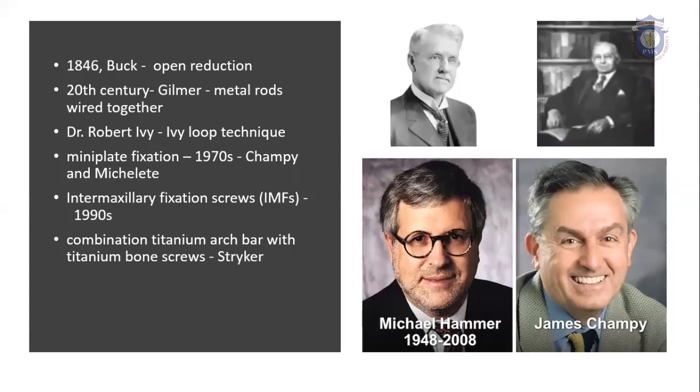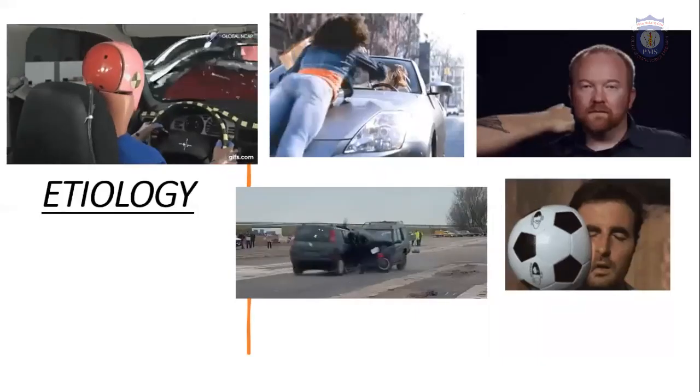The use of materials, starting from transosseous wires and fixation devices. Initially, they used metal rods to fix these mandibles, to hold the pieces together. Like how you have a fractured arm, you put a roller or scale and tie it together. Similarly, fixation devices or instruments came into practice. People started inventing newer materials for these kinds of fixation.